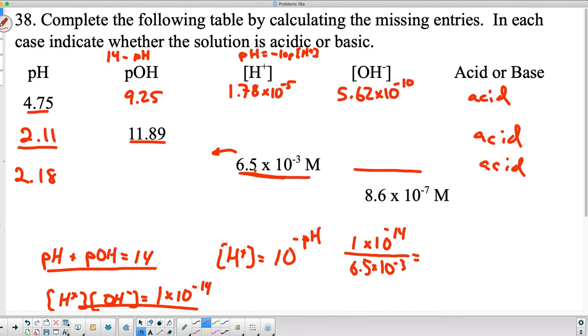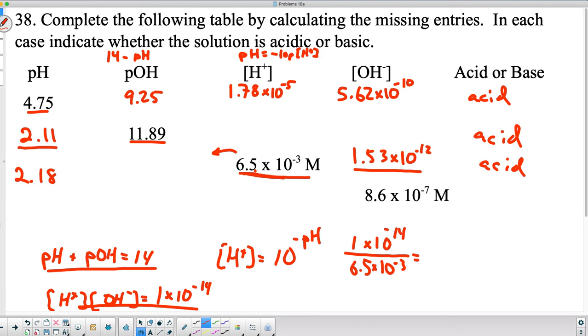And what do I get? I get something that looks like 1.53 times 10 to the negative 12th.